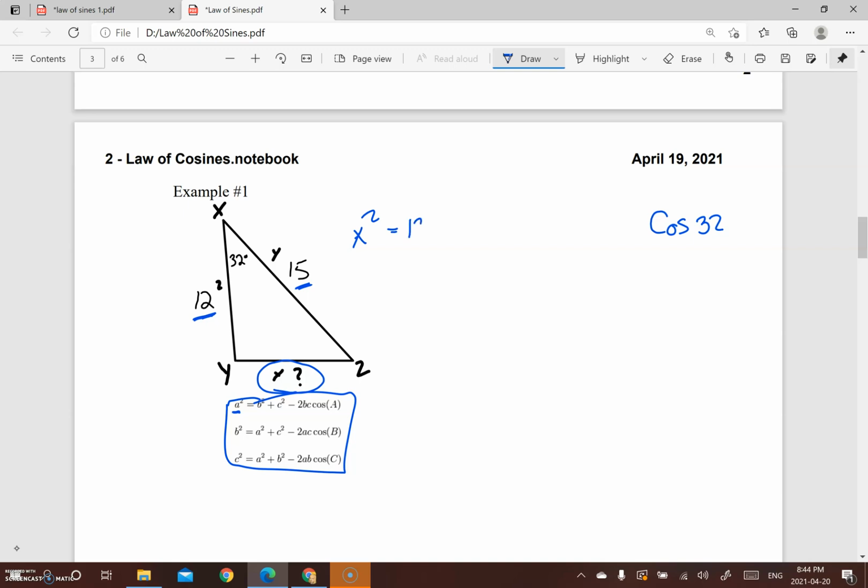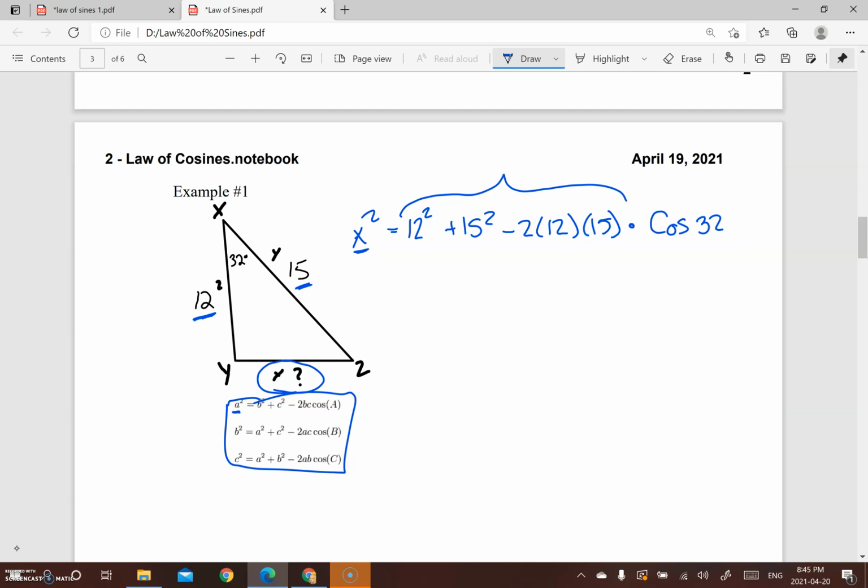So I'm going to have 12 squared plus 15 squared, subtract 2 times 12 times 15 times cos 32. So all of this, yes, we do have to remember that we are squaring both sides and then subtract 2 times those sides again. But it doesn't matter what order. It's my peanut butter, my jelly. And now I'm going to solve for x squared.